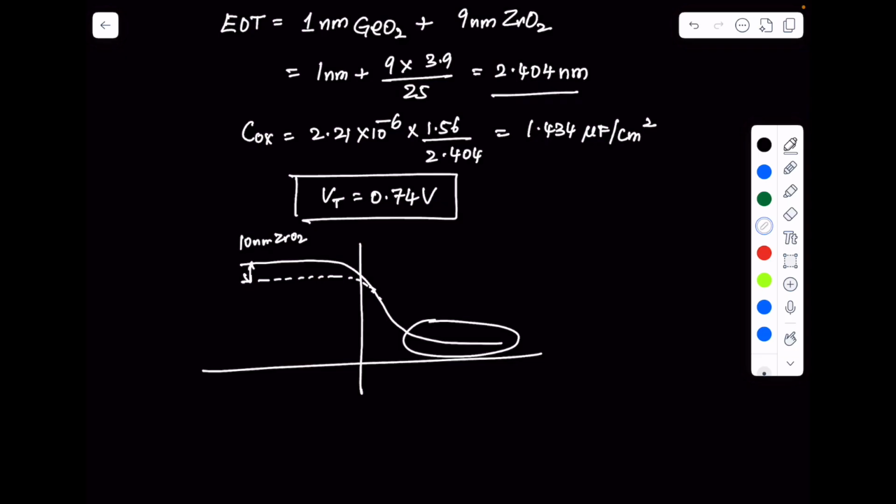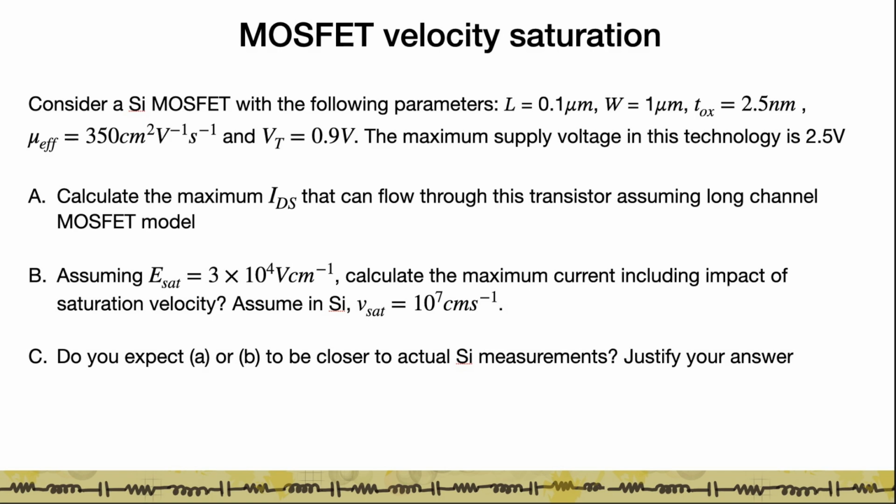Next question. Consider a silicon MOSFET with the following parameters. L is equal to 0.1 micron, W is 1 micron, Tox is 2.5 nanometers, mu effective is 350 centimeters squared per volt per second, and Vt is 0.9. The maximum supply voltage of this technology is 2.5 volts. A. Calculate the maximum IDS that can flow through this transistor, assuming the long channel MOSFET model.